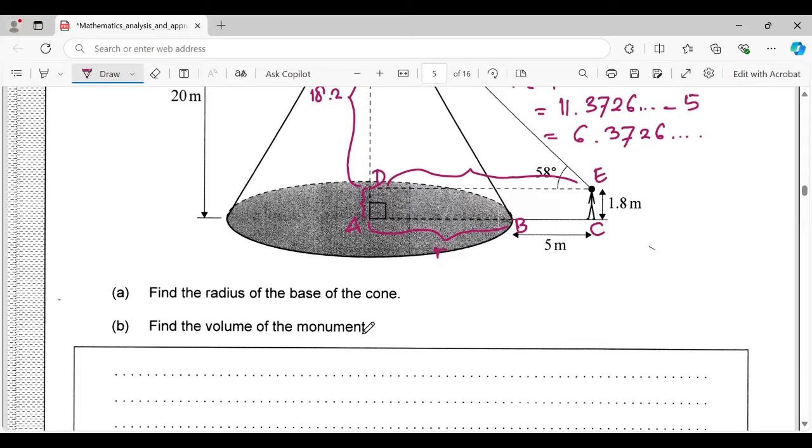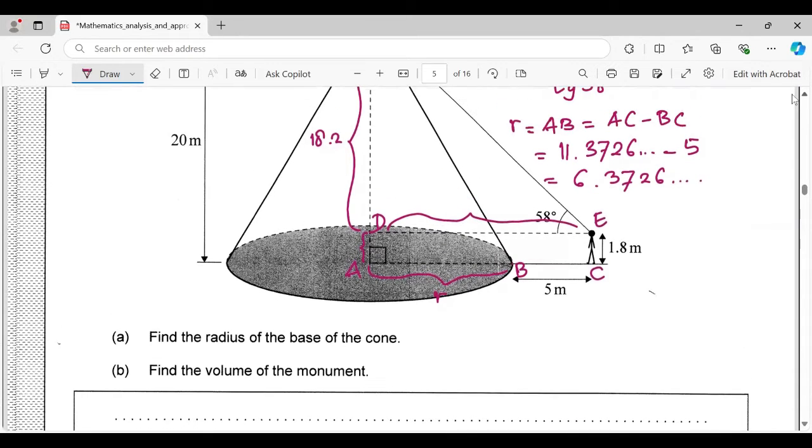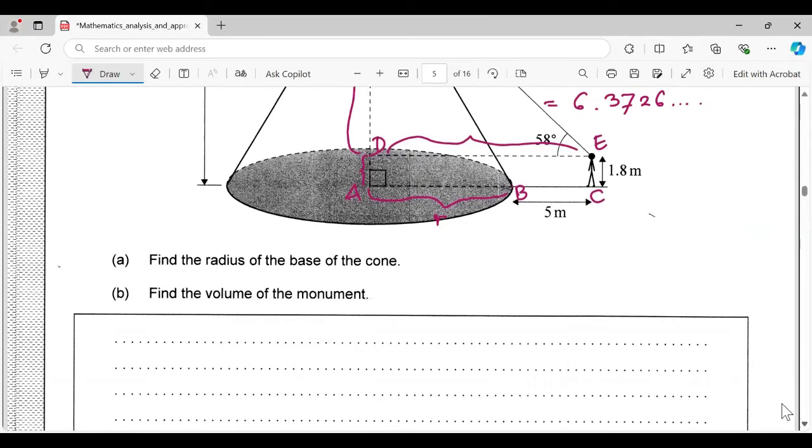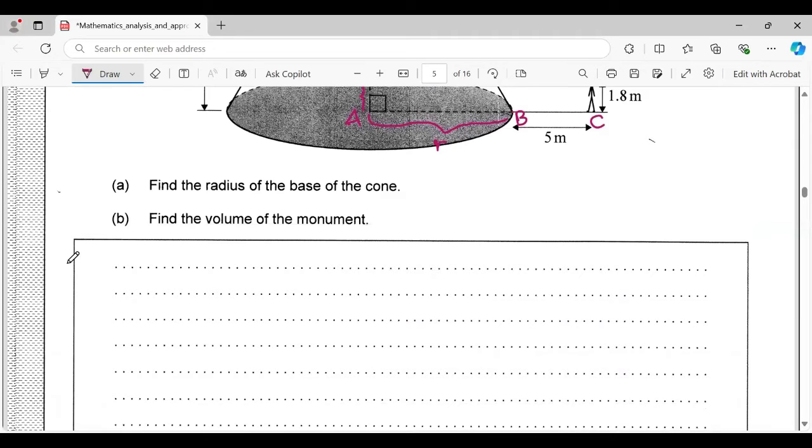And find the volume of the monument. This is a cone, if we look at the shape. So we are going to find the volume of a cone. Firstly, I will find the base area. The circle area with radius 6.3726 is pi r squared.